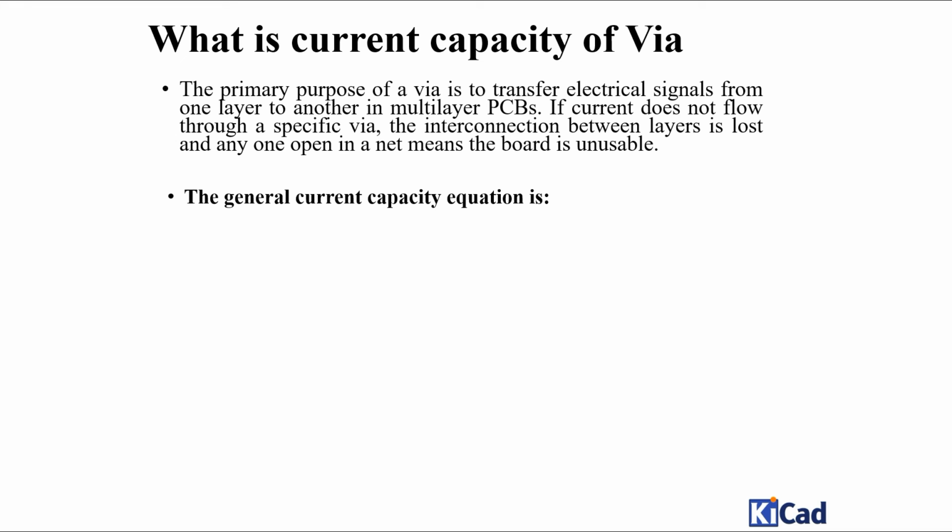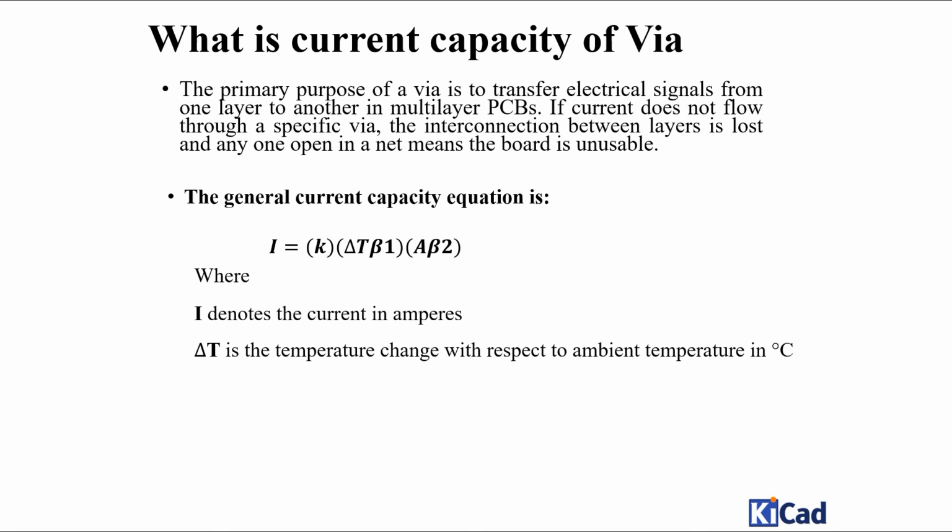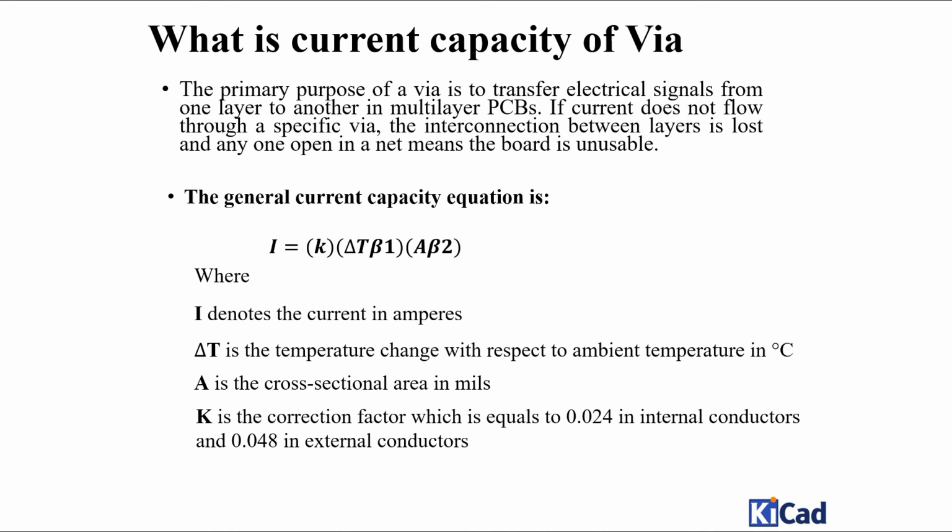The general current capacity equation is I = K × ΔT^B1 × A^B2, where I denotes the current in amperes, ΔT is the temperature change with respect to ambient temperature, A is the cross-sectional area in mils, and K is the correction factor, which is equal to 0.024 for internal conductors and 0.042 for external conductors.